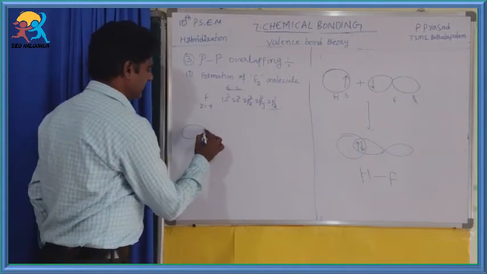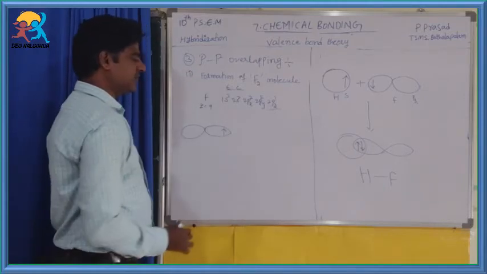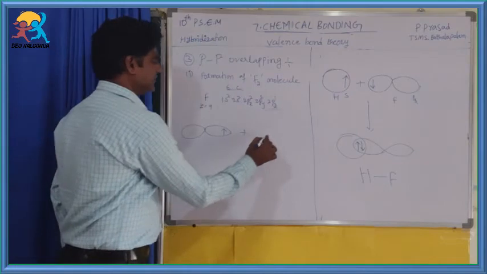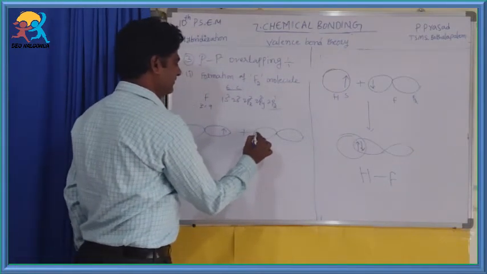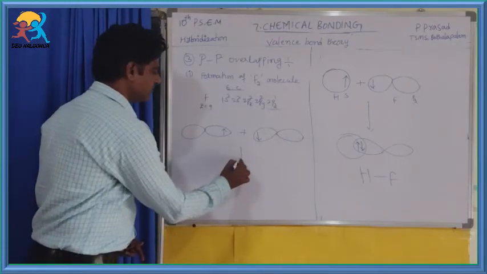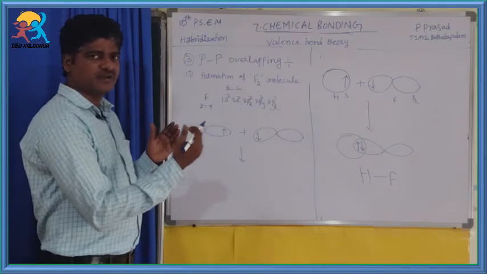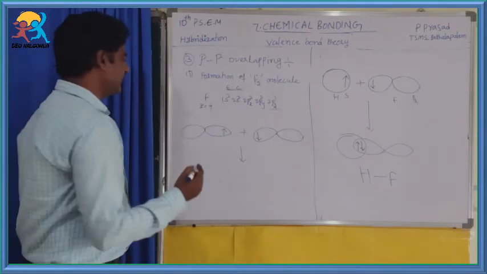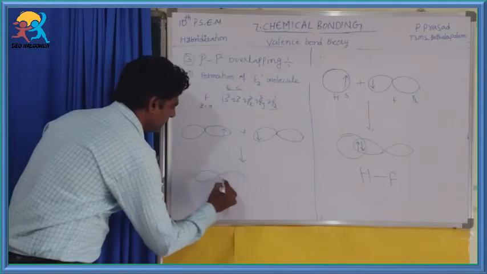So this is the 2pz orbital of the first fluorine atom, and this is the 2pz orbital of the second fluorine atom. When these two atoms come closer, the overlapping of these two valence orbitals takes place like this.